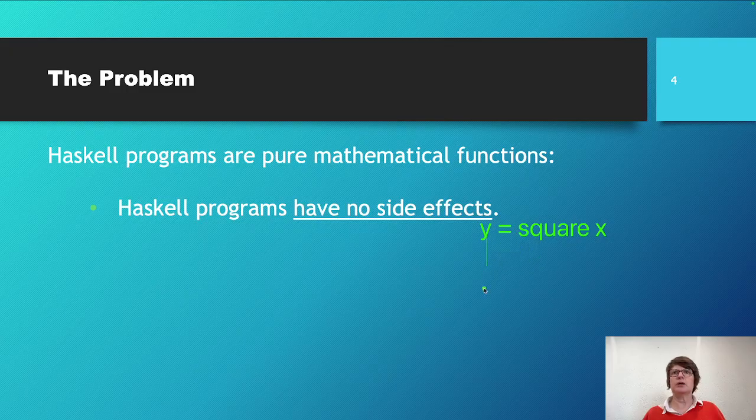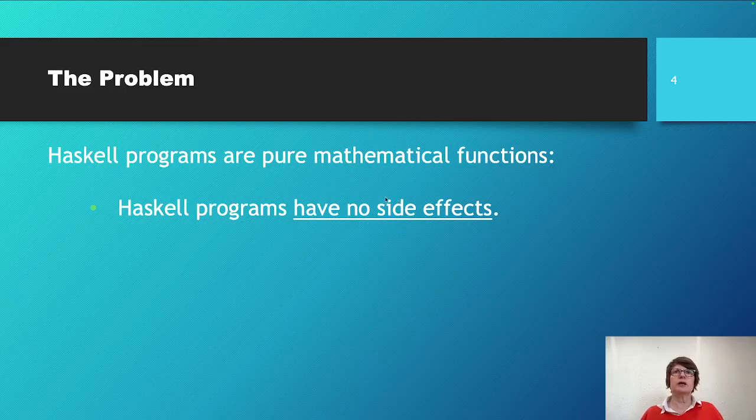It gives a value to y. So just say square. If I call that on square 4, y is going to be given the value 16. And that's what happens there. Nothing else is affected. Okay, so that's what I mean by the pure function.